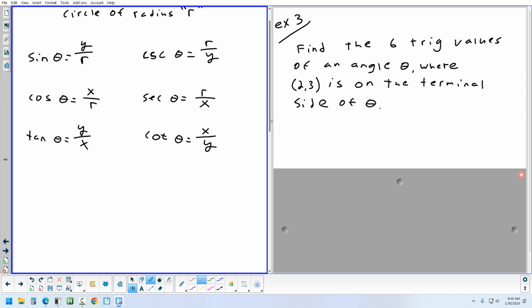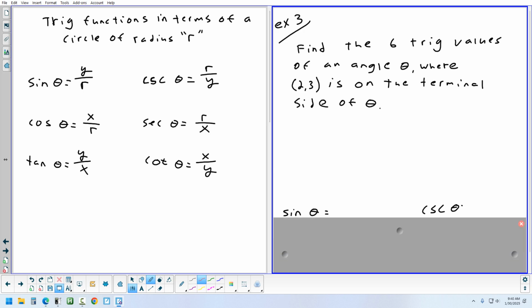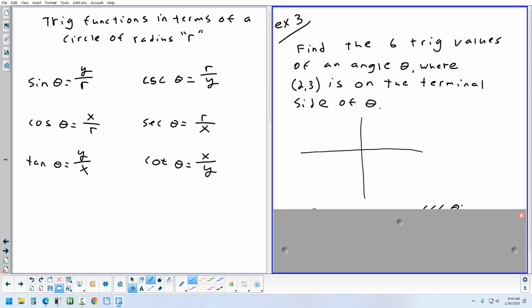My writing disappeared. All right, let's sketch that. I'm just going to draw a grid kind of by hand. I'll make the axes a different color so they stand out.